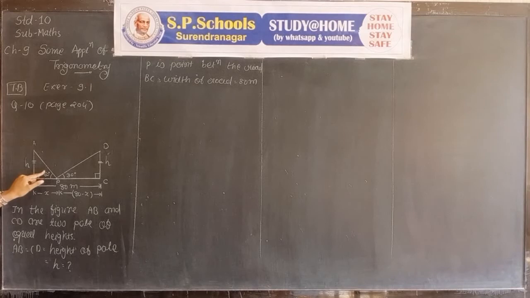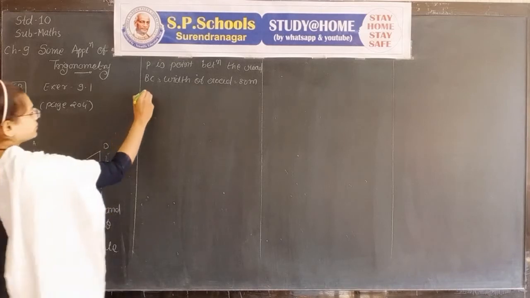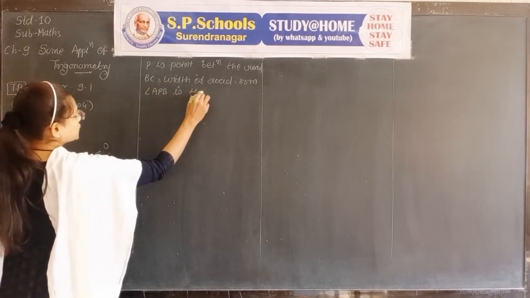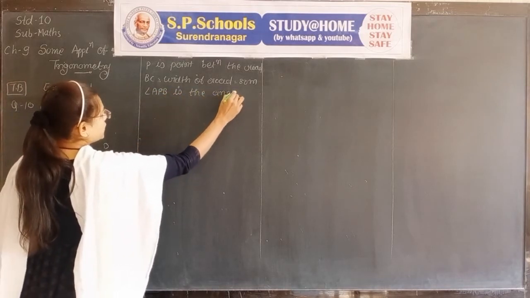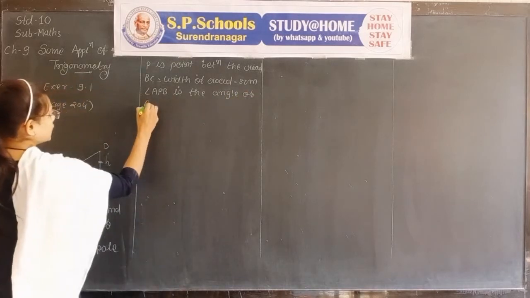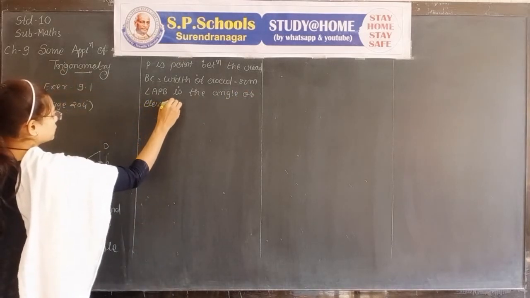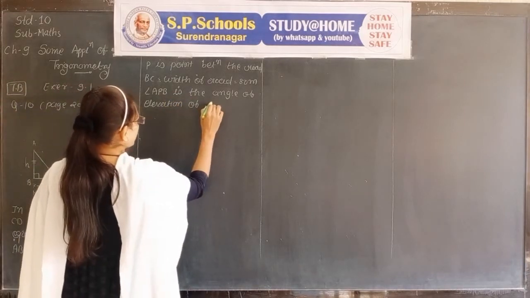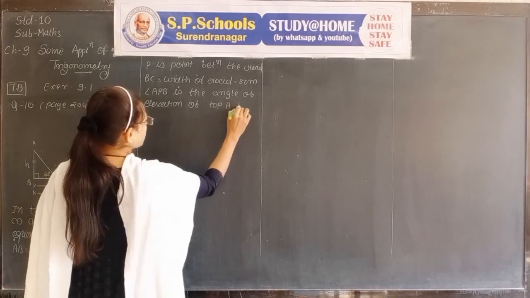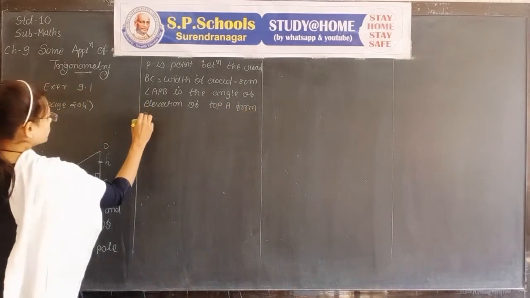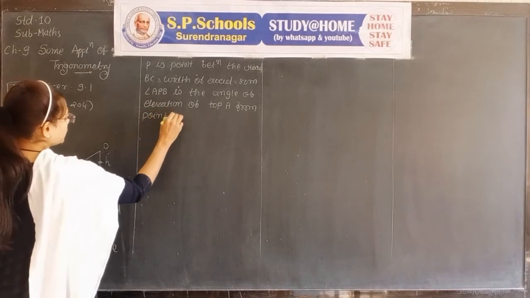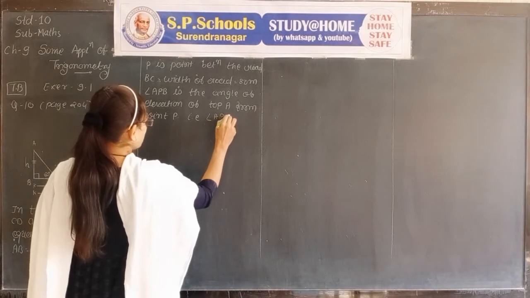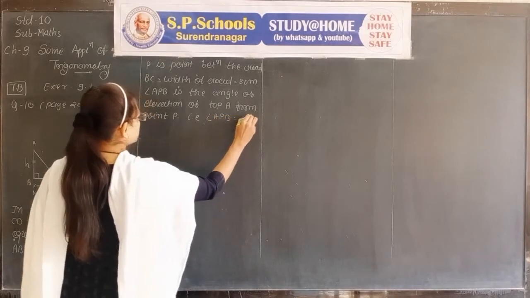Two angles of elevations are given. Angle APB is the angle of elevation of top A from point P, that is angle APB is equal to 60 degree.